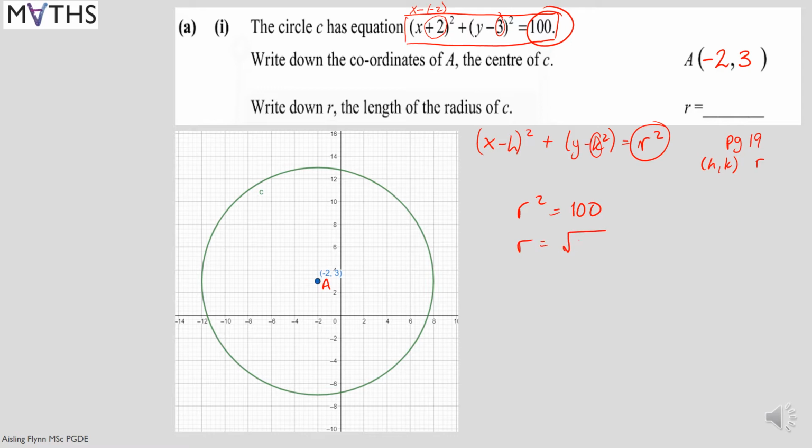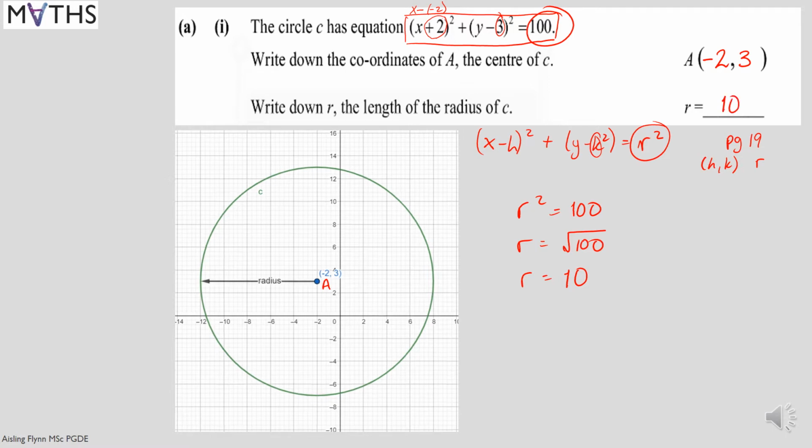That means r is the square root of that, and the square root of 100 is 10. The radius of the circle is 10. If you look along here, we're going from -2 back to -12, a difference of 10. So there's our circle.